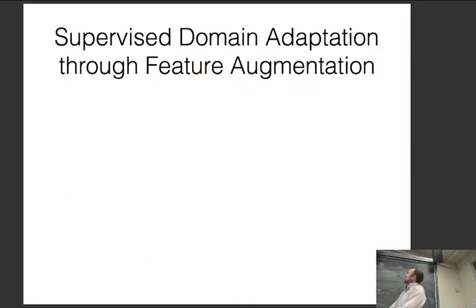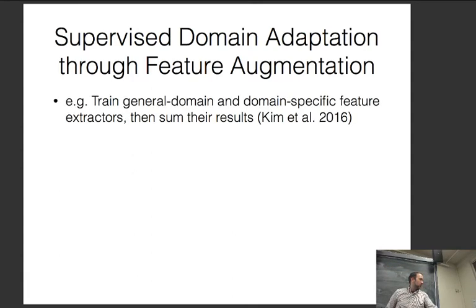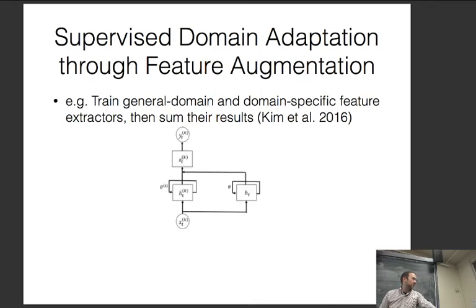So, supervised domain adaptation through feature augmentation. One way we can do this is to train general and domain-specific feature extractors, then sum their results. In this paper, they had one LSTM encoder for each domain, plus a general one. The domain encoder would encode the sentence, the general domain encoder would encode the sentence, and then you would add the two representations together.